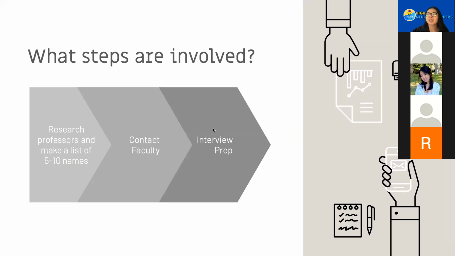Third, hopefully you get a response from them saying, hey, let's do a brief Zoom call, maybe a formal or informal interview about why you would be a good fit for the researcher's laboratory. So that's going to be included in the interview preparation.